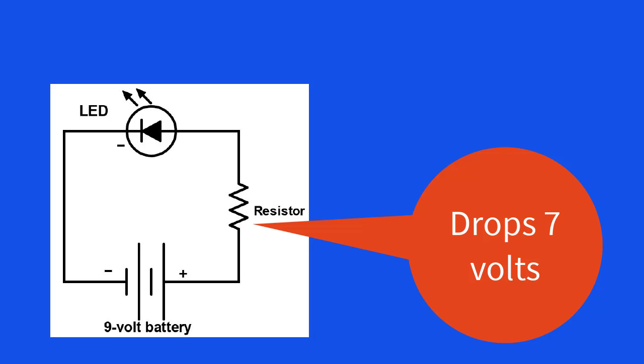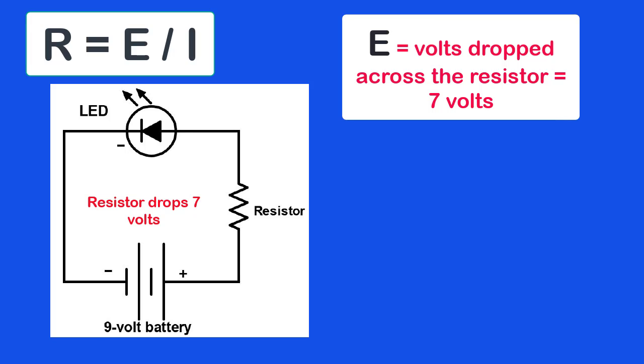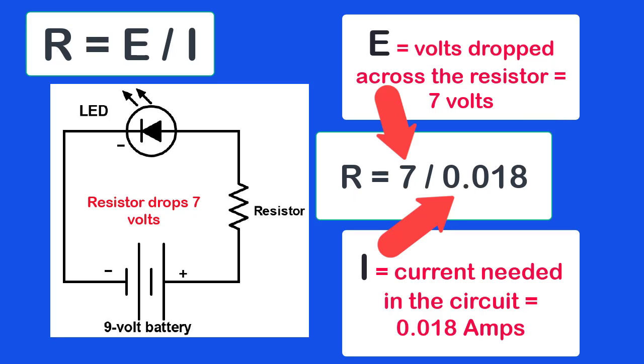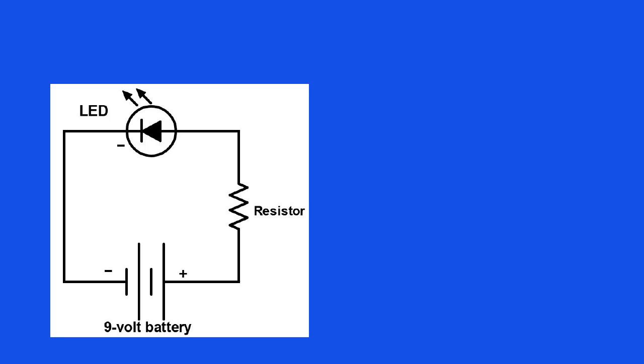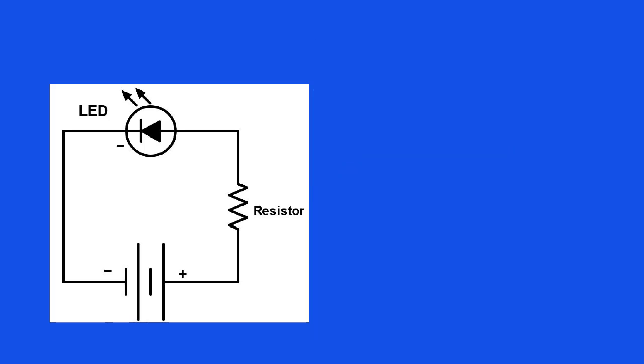So, using R equals E divided by I as we explained, we have 7 volts drop across the unknown resistor divided by the current in the circuit of 18 milliamps, or 18 thousandths of an amp, that the LED requires. That would give R is equal to 7 volts divided by 18 thousandths of an amp, or 389 ohms.